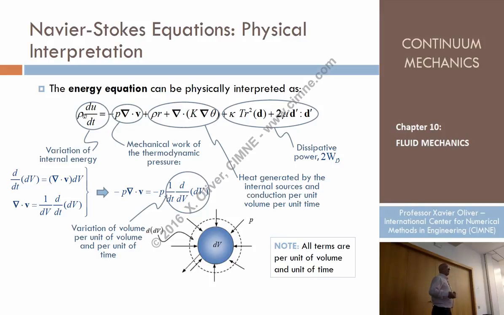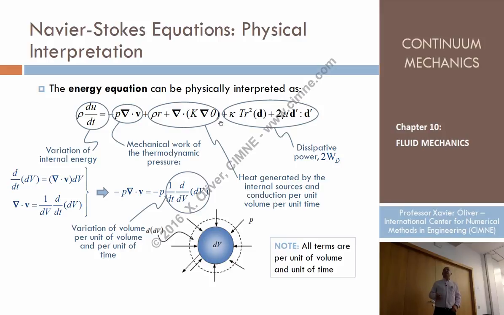That is what we saw in the corresponding chapter. So it says that the rate per unit of time of the internal energy per unit of volume is due to all that.